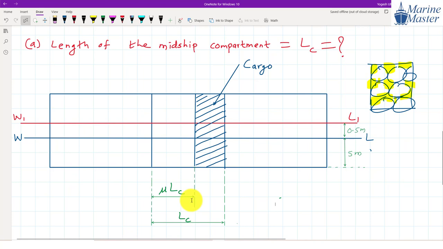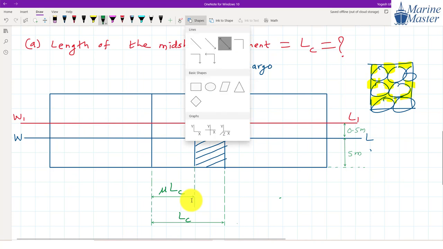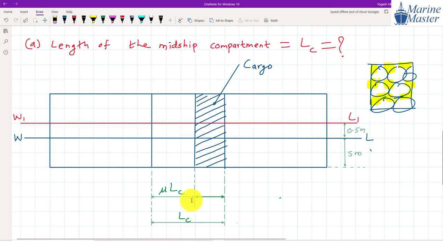Mu LC. And then this remaining will be what, guys? Everyone tell me. LC minus mu LC, and that will be equal to 1 minus mu times LC.